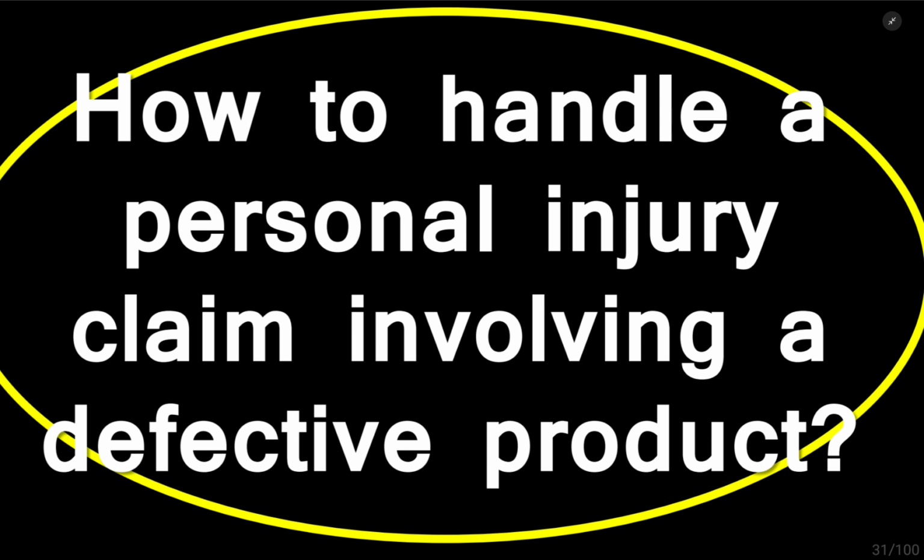Now, the sixth point is consider a lawsuit if necessary. If negotiations don't lead to a fair settlement, the next step is to consider filing a lawsuit against the responsible parties.